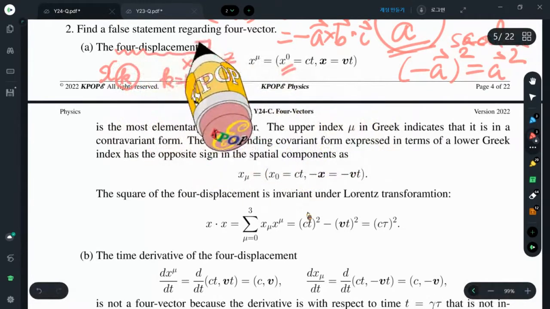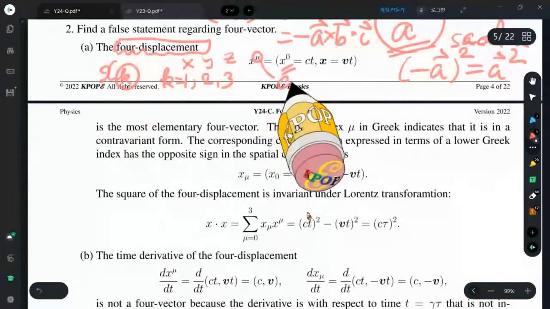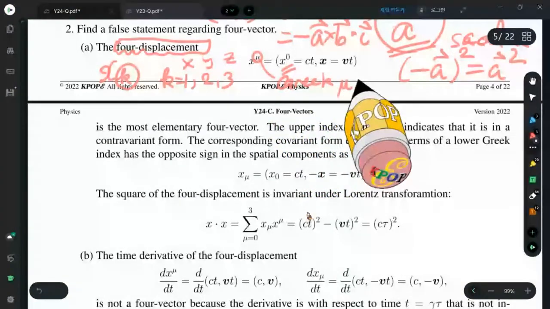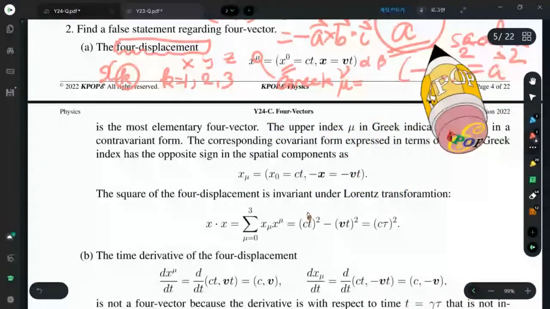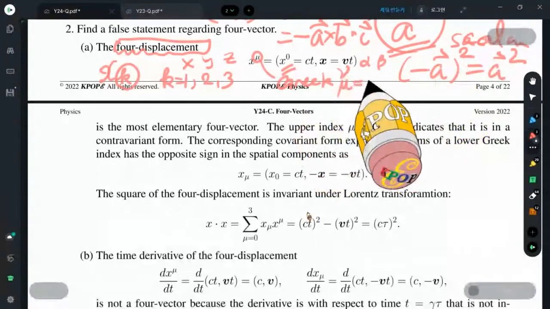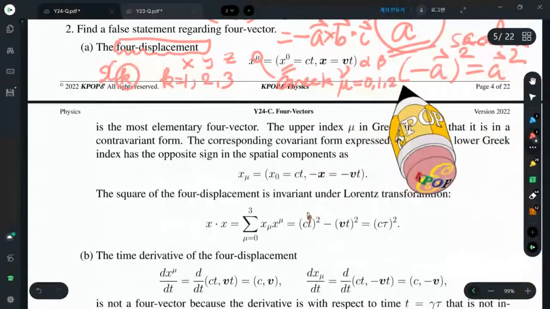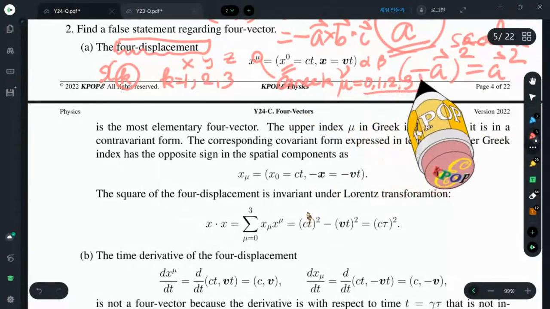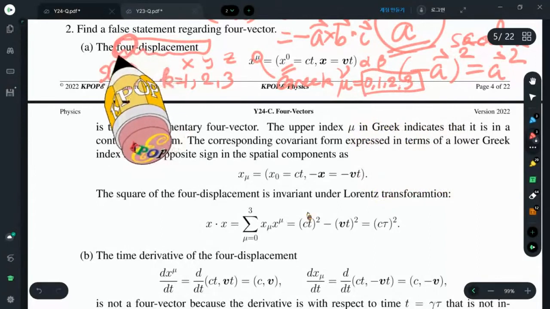We have a name for displacement. We use Greek indices, mu or nu, alpha, beta, lambda, something like that. Those indices have 0, 1, 2, 3. They have 4 components. That's the reason why we attach 4.